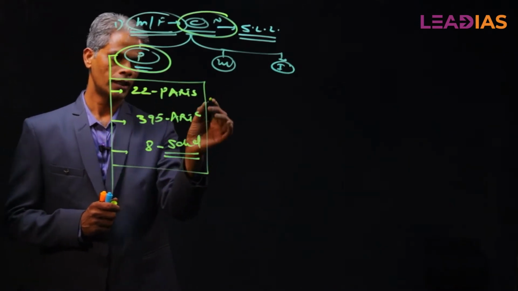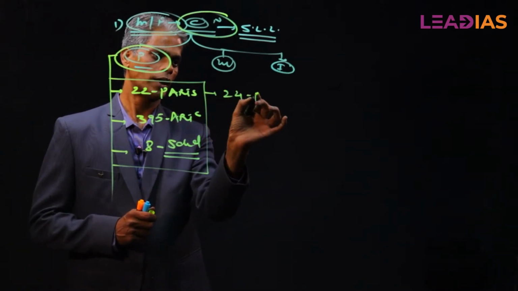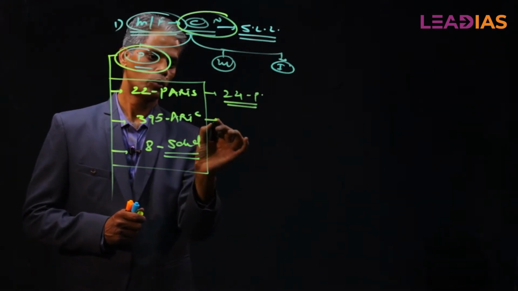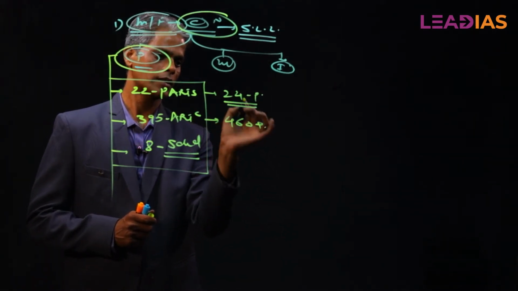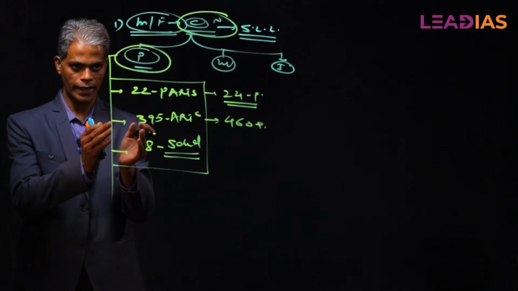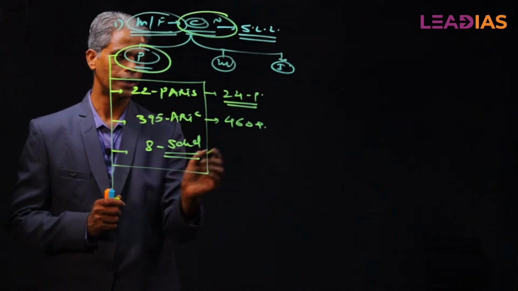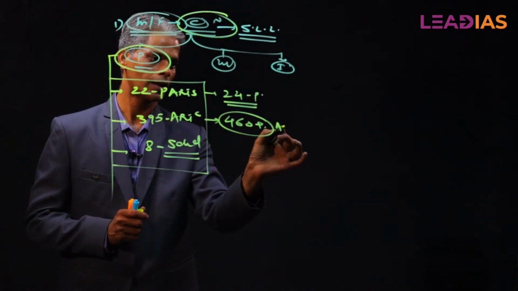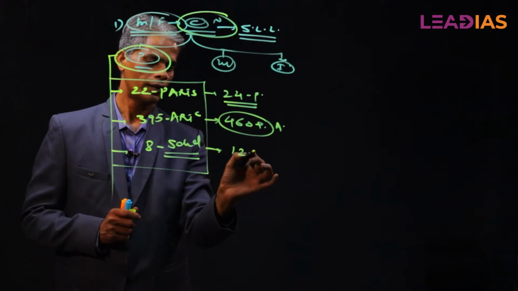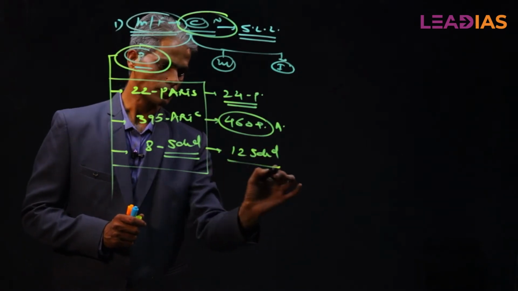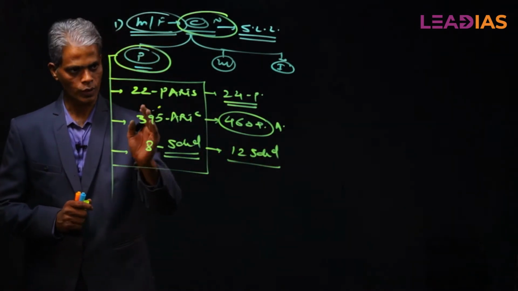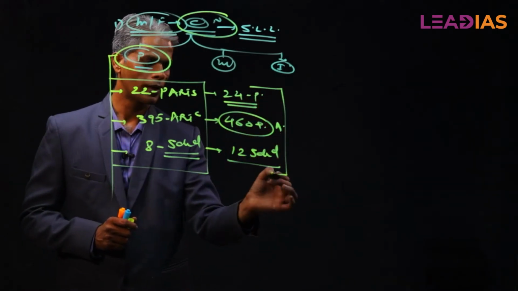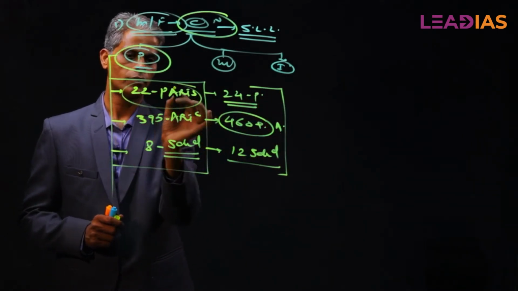Right now it has 24 parts. More than 460 articles have been added after this 395, so in total we have 460 plus articles now. Now we have 12 schedules. Initially we started with 8. So what are the changes? That also we'll see. But before that, to start with, we have this much.